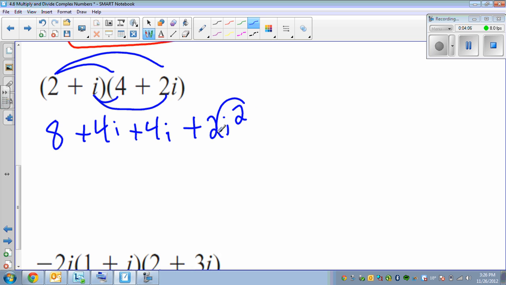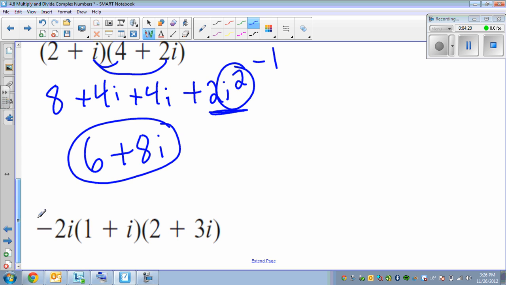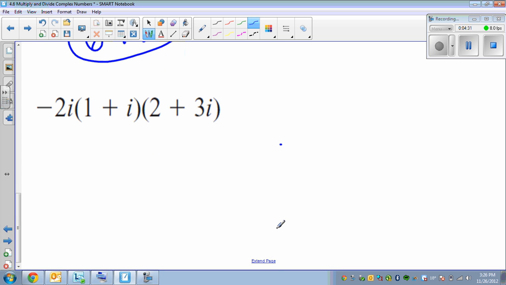So this, remember, turns into a -1, so really when we combine like terms, this is really a -2 here, and that's 8, and then 4i and 4i. So 8 minus 2 is 6, 4i plus 4i is 8i. So that's what's cool about these i squareds and stuff, they actually kind of cancel each other out as we go here. So here's our last one.